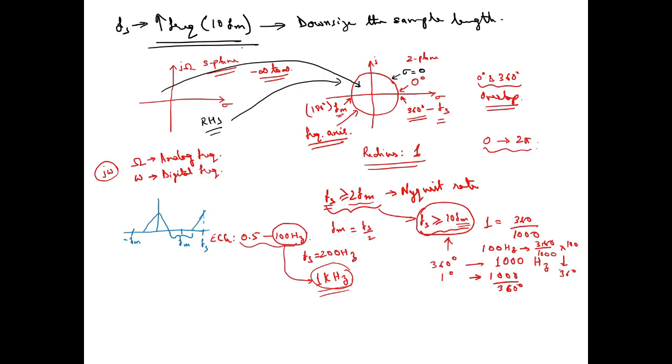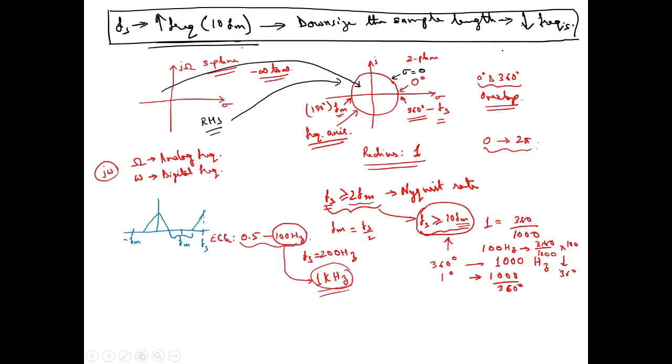So when we do that, what happens? We cannot change the time, time will be the same. So what we are doing is reducing the sampling frequency components, because we are artificially manipulating the sampling frequency. So in a single system there are two sampling frequencies.